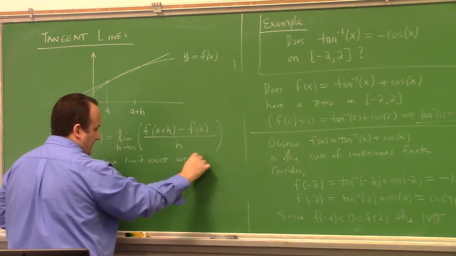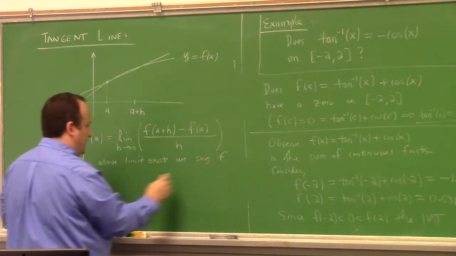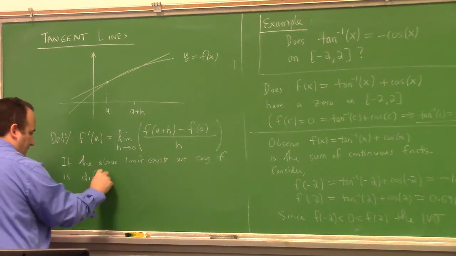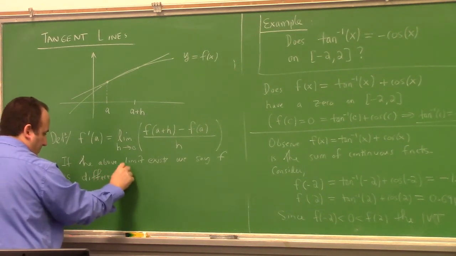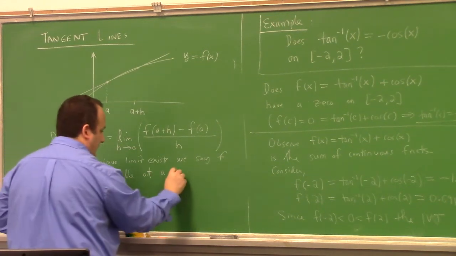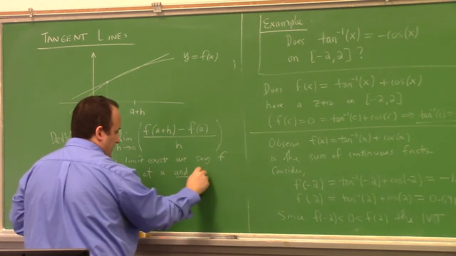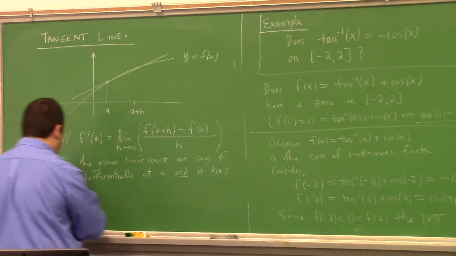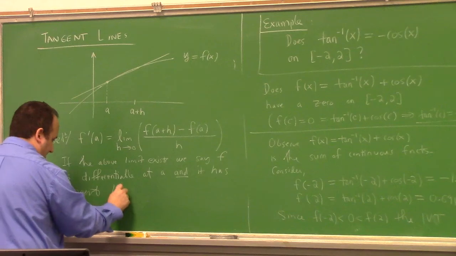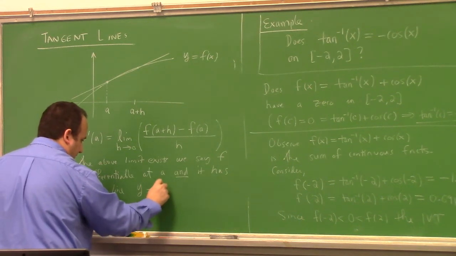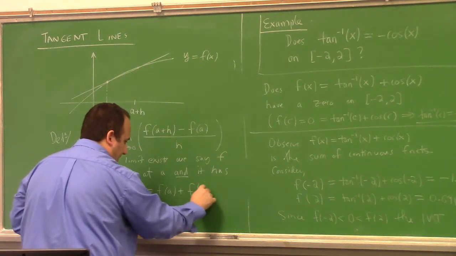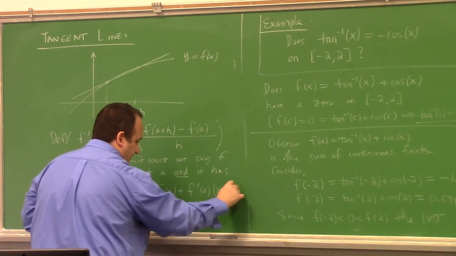We say f is differentiable at a, and it has tangent line y equals f of a plus f prime of a times x minus a.